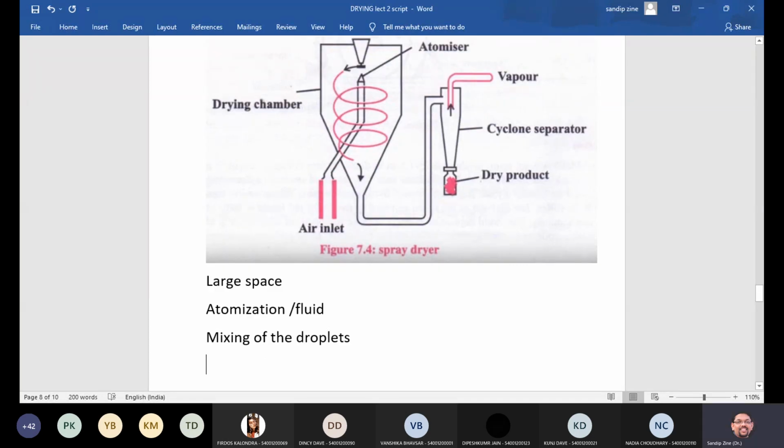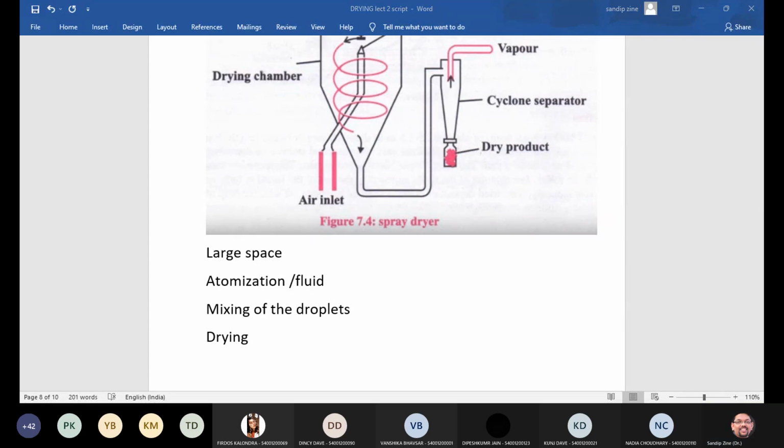Then third part is about drying. And fourth part is about removal and collection of dry products.